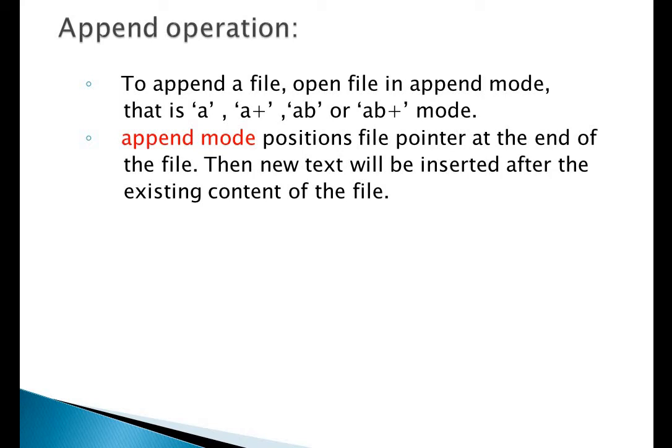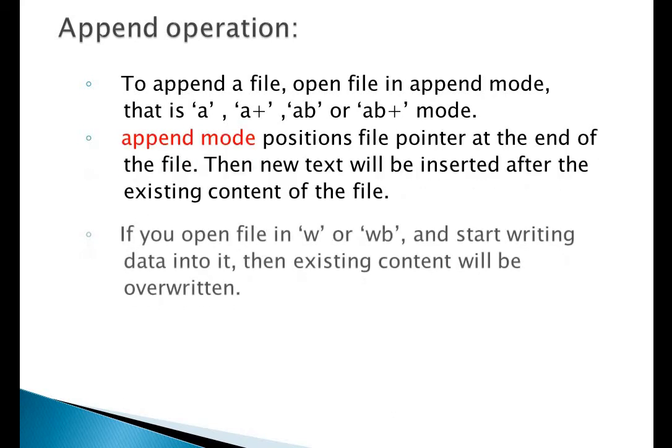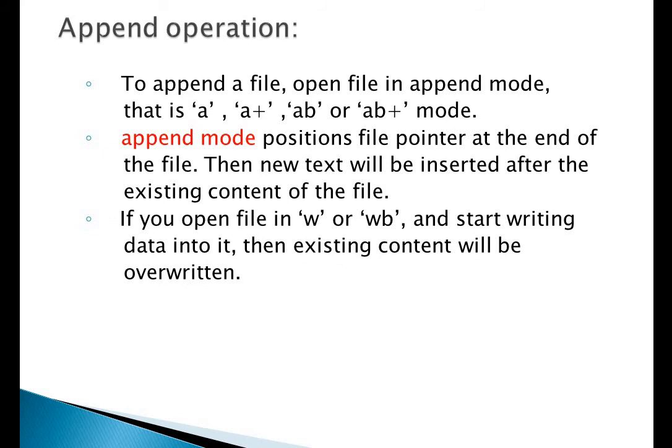We have seen that if we open the file in write mode, the previous content will be overwritten. If you open the file in w or wb mode and start writing data into it, then existing content will be overwritten.